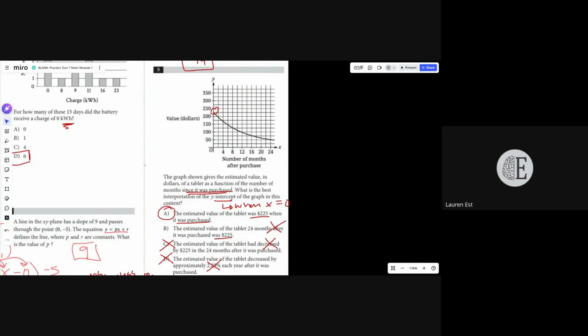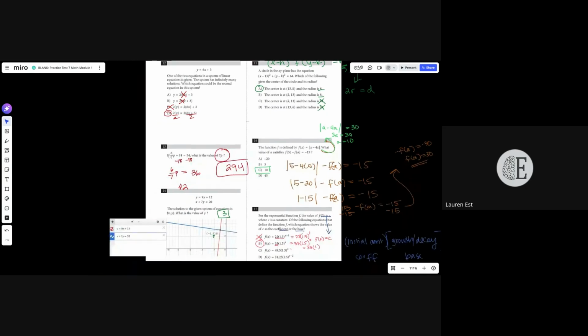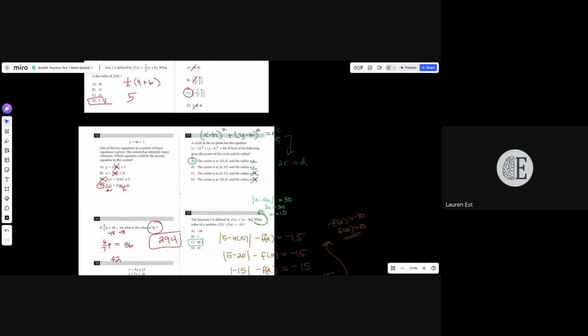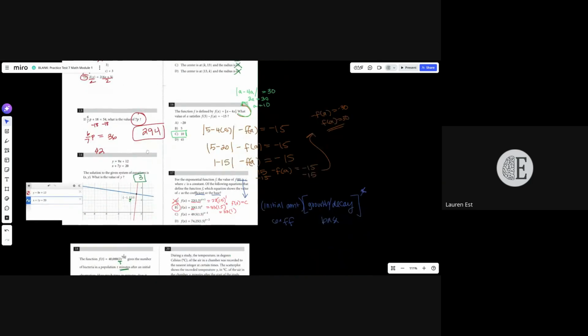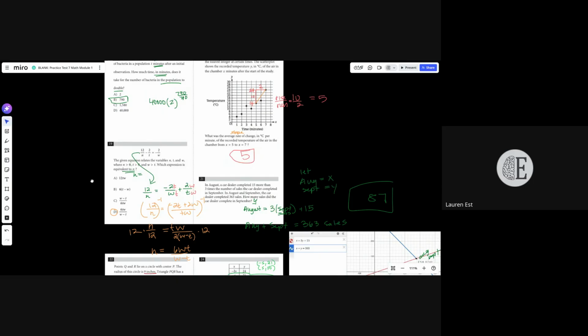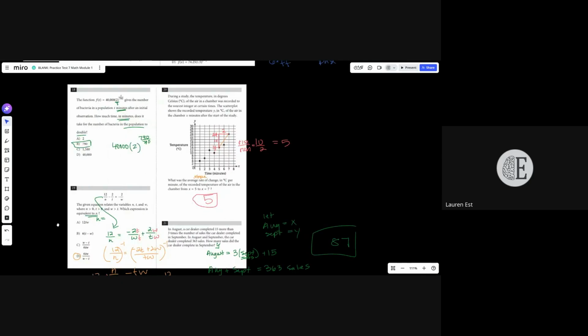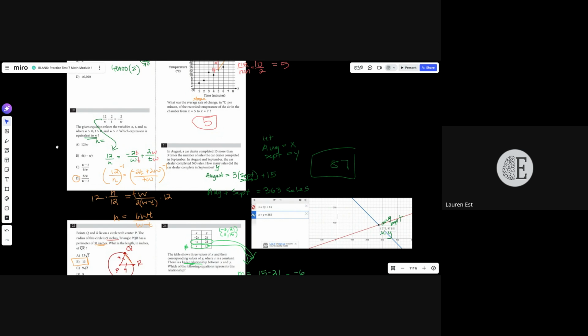So 8 is A, 9 is B, 10 is D, 11 is C, 12 is D, 13 is 294, 14 is 3, 15 is A, 16 is C, 17 is B, 18 is B, 19 is D, 20 is 5, 21 is 87.